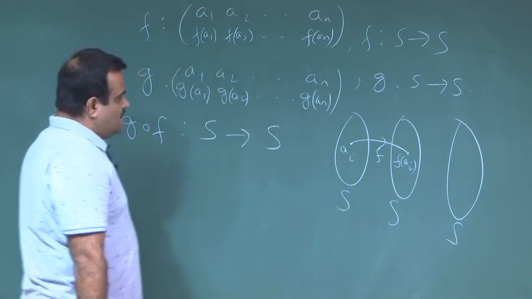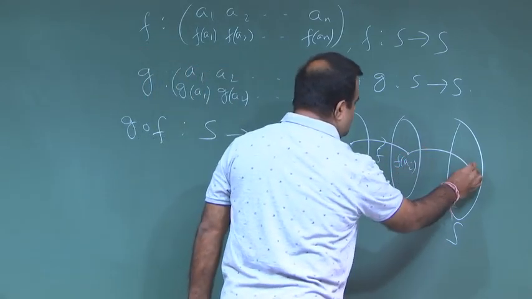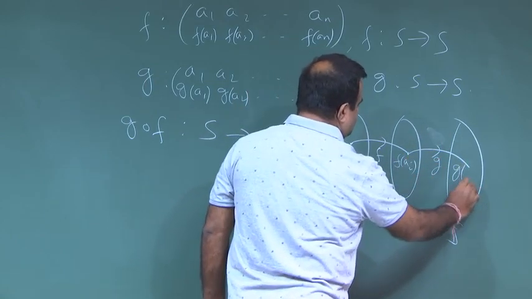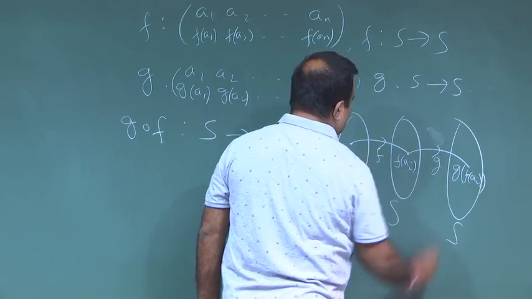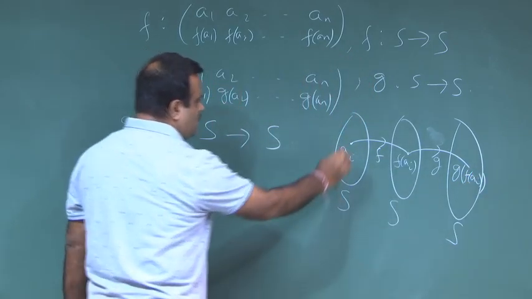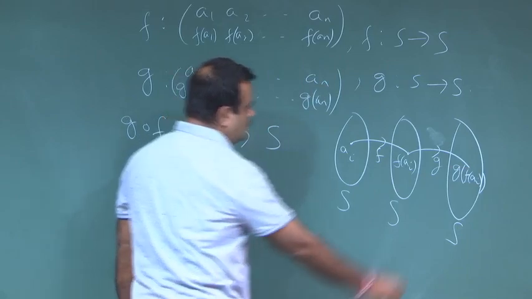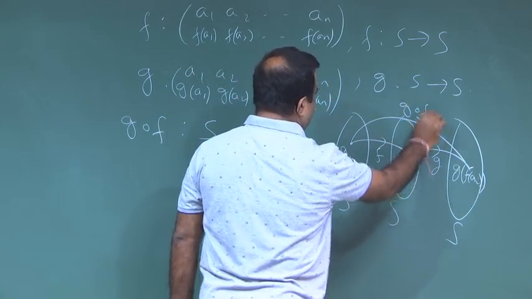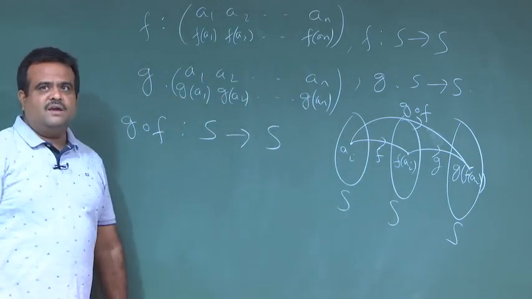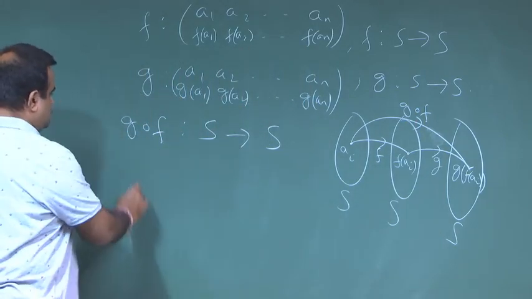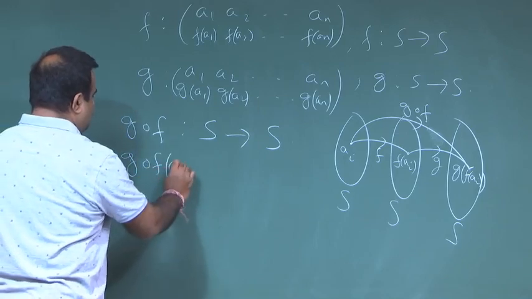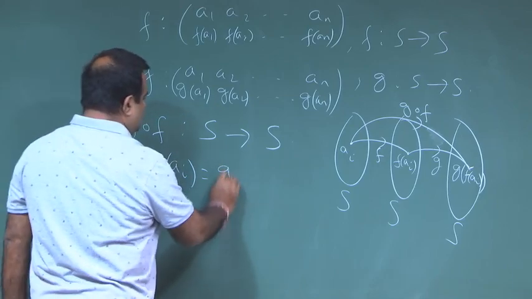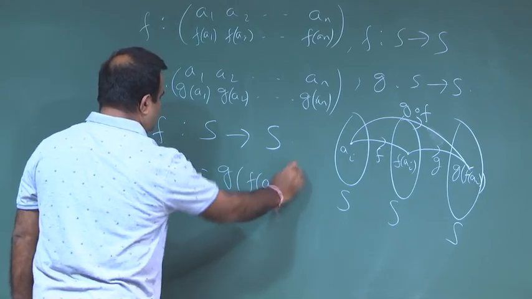On this f of a_i we can apply g, so this gives us g of f of a_i. This mapping from a_i is called the composition g compose f, because we apply f first, then g. So g compose f of a_i is nothing but g of f of a_i.